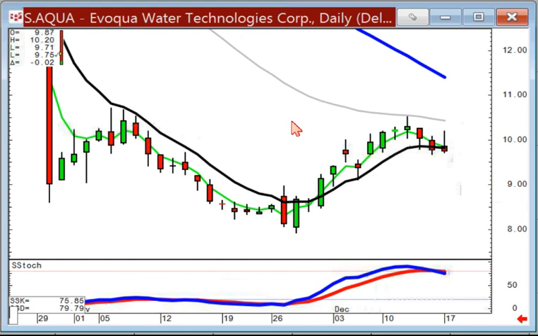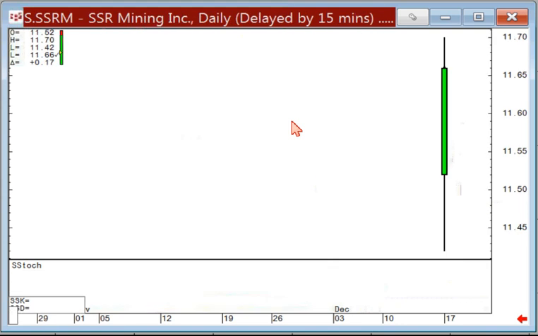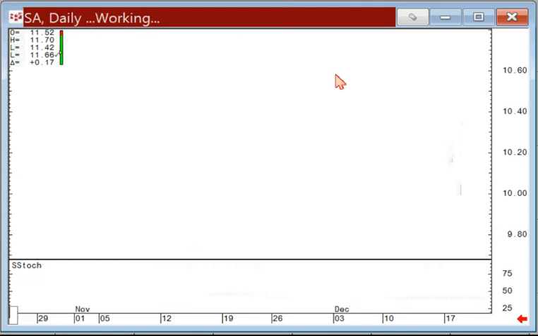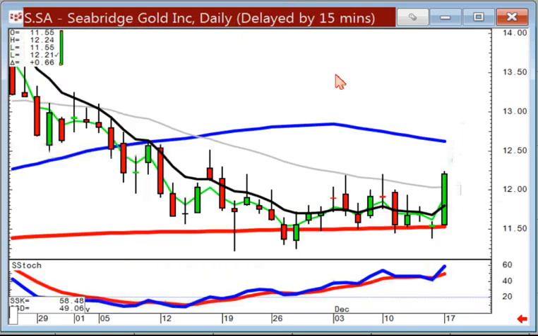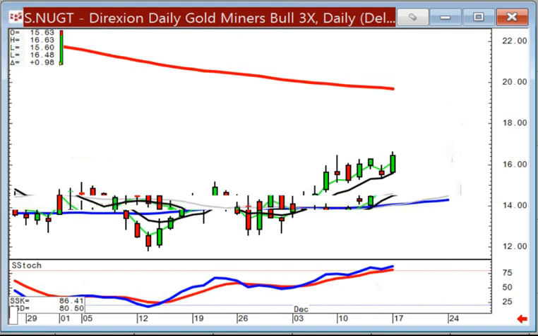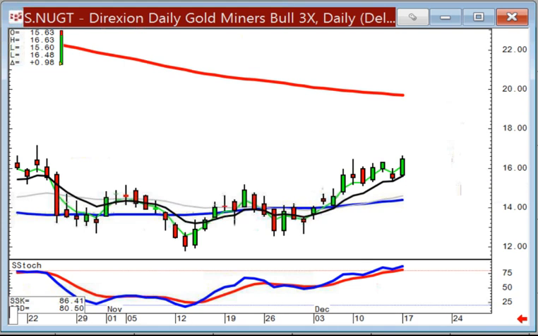Let's see, what else did I have? We have a few that were working reasonably well today. You can see how SSRM was still moving in the right direction. I think somebody pointed out that SA moved up nice on one of the gold stocks, and I'm going to skip around here. That's because you can see Nugget in this big fry pan bottom was still staying up above the T-line.